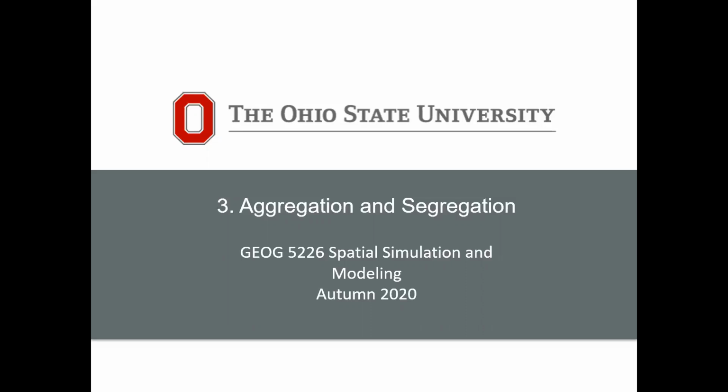Okay, and in future, if you are interested in a specific application or research that needs the simulation of aggregation and segregation, you might want to get back to find some models in this chapter to implement the process, the pattern you want to produce. Okay, let's get started.